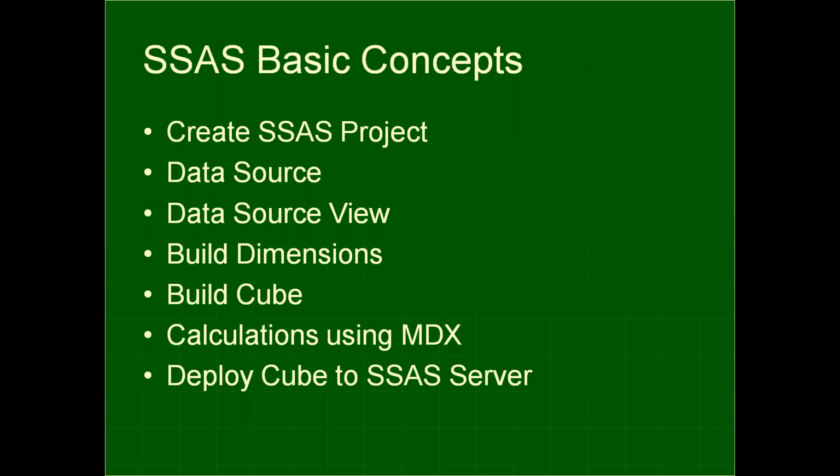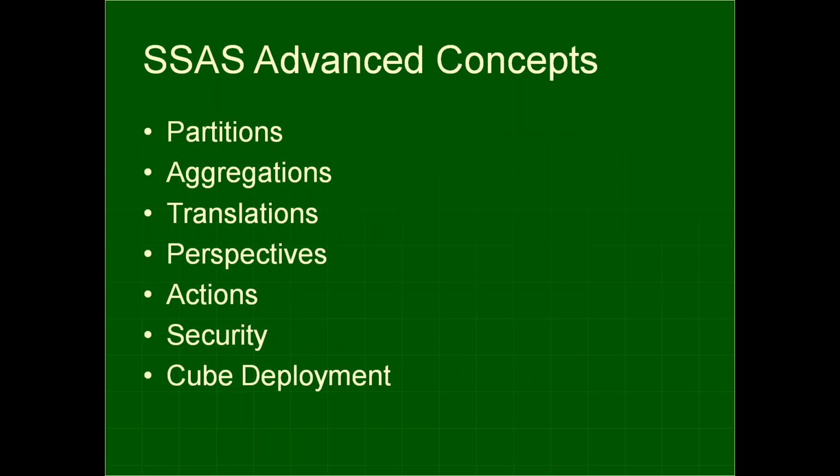This will take a minimum of 1 or 2 weeks to complete. Clear? These are the basic topics. These are the advanced topics we are also going to cover: partitions, aggregations, translations, perspectives, actions, security, cube deployment. Clear? These are the things we will discuss over the next 2 weeks.